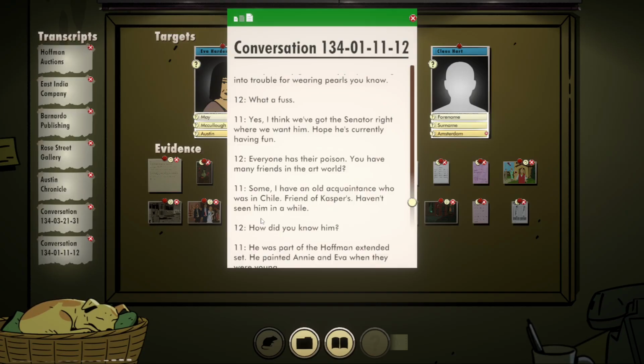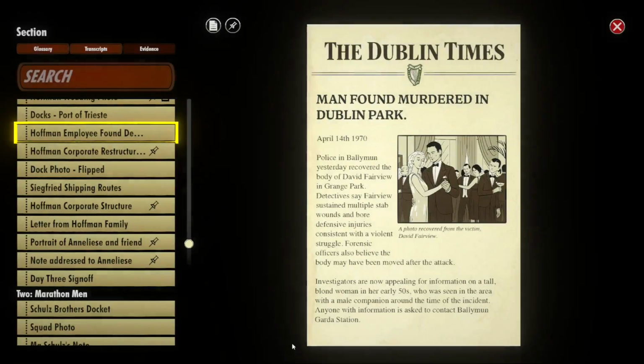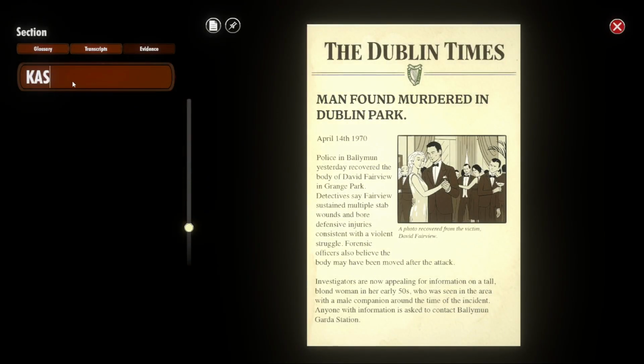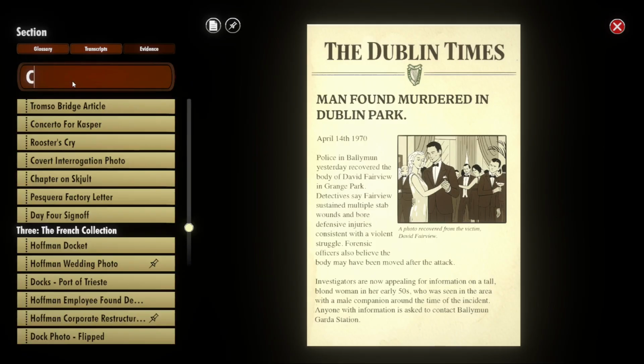I wish I could go back and search these names because I don't have the memory for that. Who's Casper? Oh wait, do I? Casper. No. Chile.